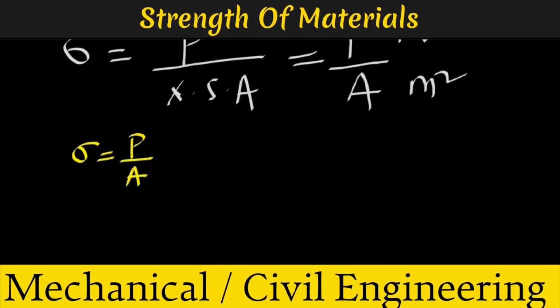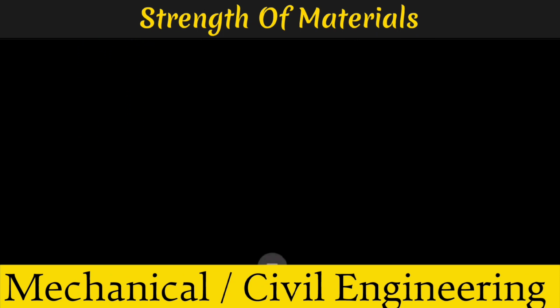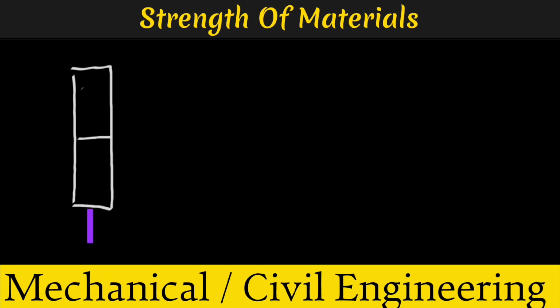Okay, then how does the normal stress develop? Here we are going to see. You can see a body like this. This is a body, and we are just applying a pull force to this body.